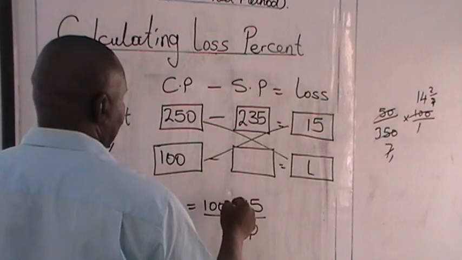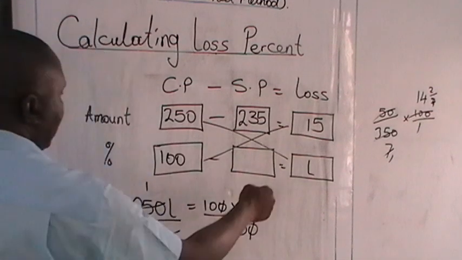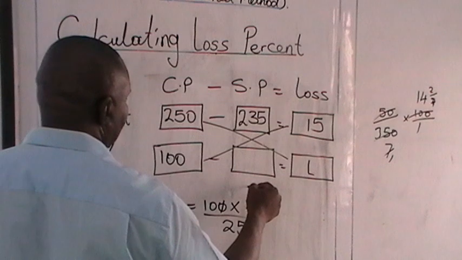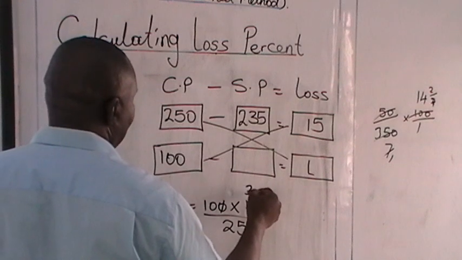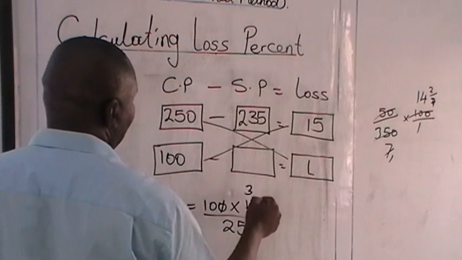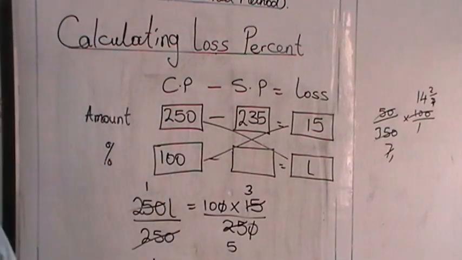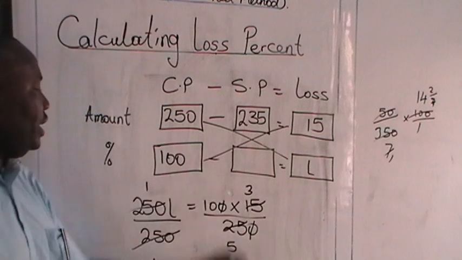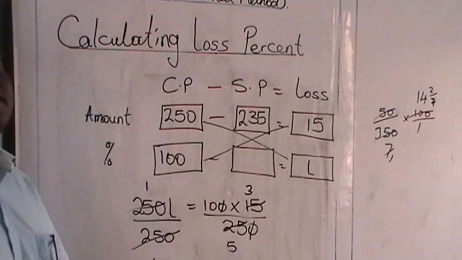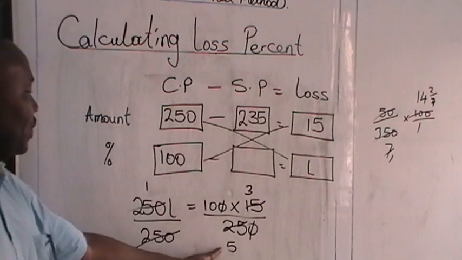This 0 can cancel this 0. Then 5 can go here and 5 can go here. 5 in 15 is 3, and 5 in 25 is 5.